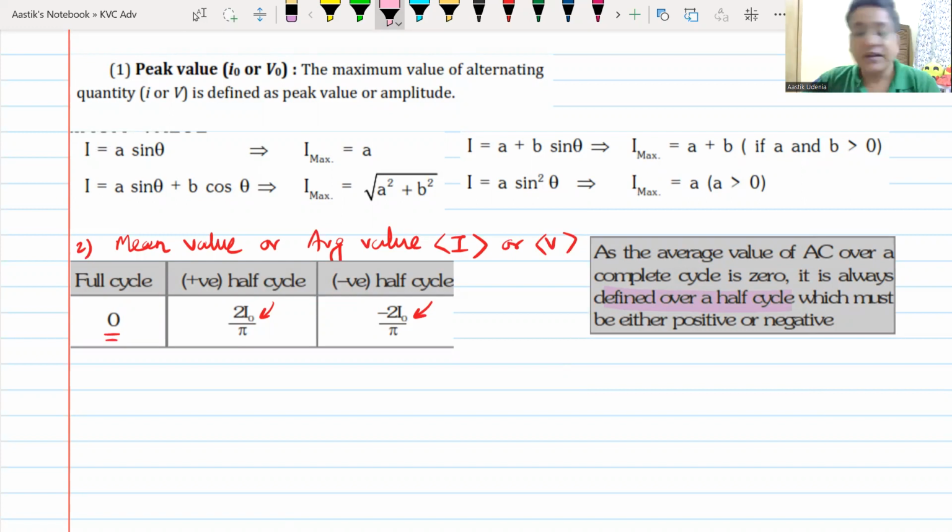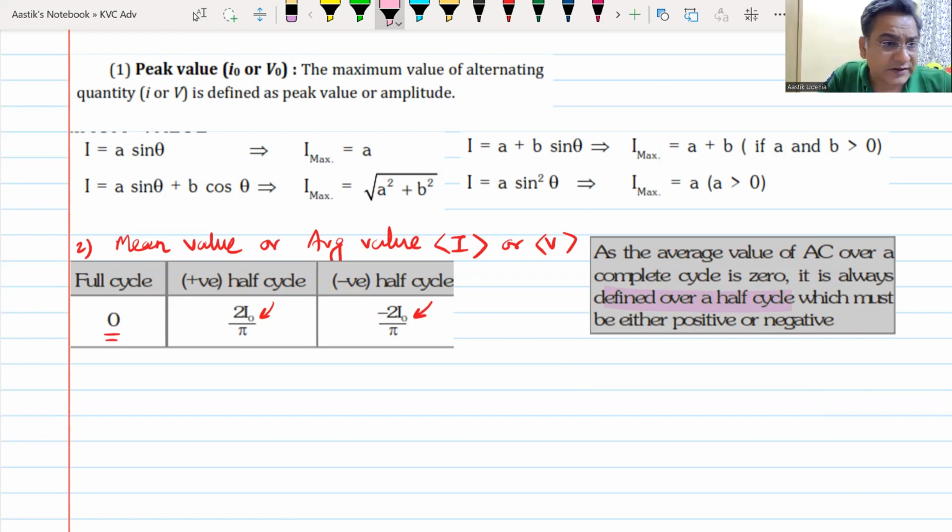Yes, sir. Now, an AC voltage or an AC current cannot be measured by a normal ammeter or normal voltmeter, because they will just give you the average value, which is 0. AC current or AC voltage is measured by ammeters or voltmeters that we call hot wire ammeters or hot wire voltmeters.